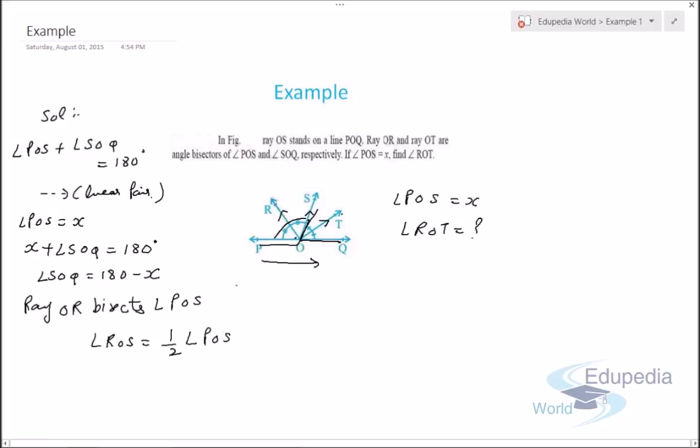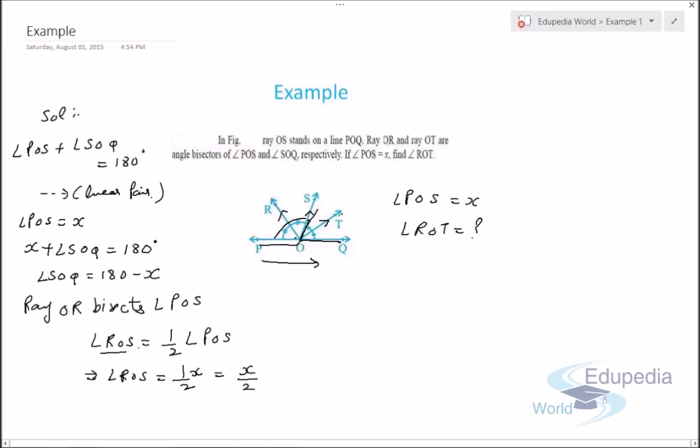Why? Because RO bisects angle POS. So angle ROS is half of angle POS. So this implies angle ROS will be 1/2 of x, or x by 2.